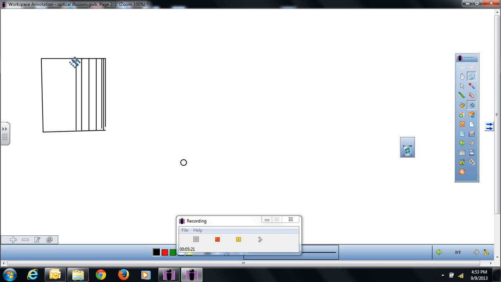Use a clear ruler so you can see how close you are from one line to the next. And draw these straight lines, straighter than mine. You can.